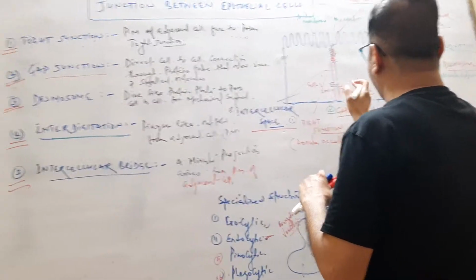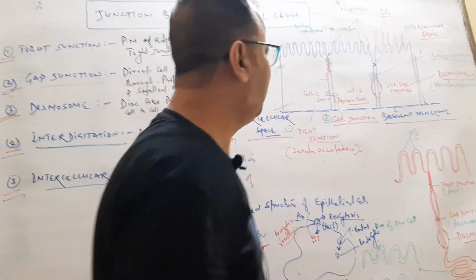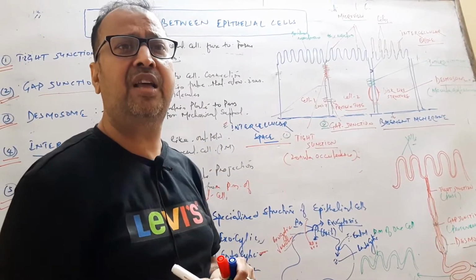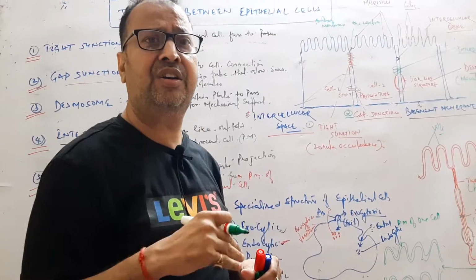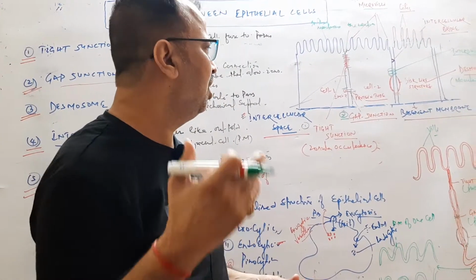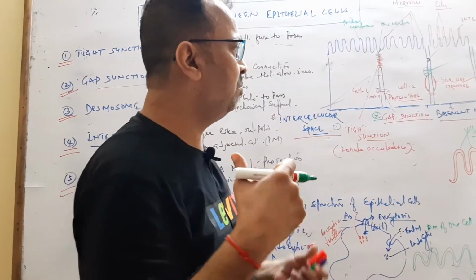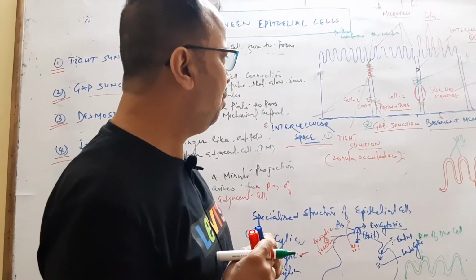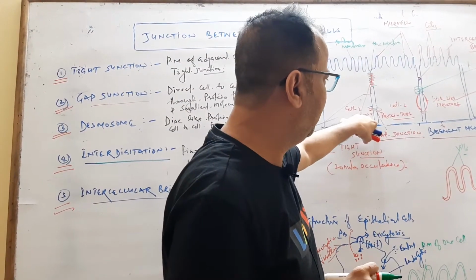In this gap, a proteinous tubular structure is developed, which helps in the flow and passing of ions and the smallest molecules. This helps in the exchange process. This is called gap junction.